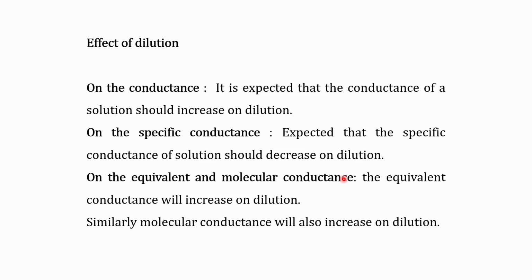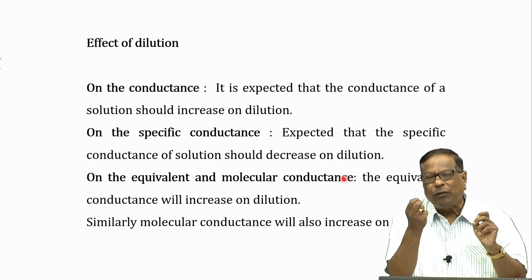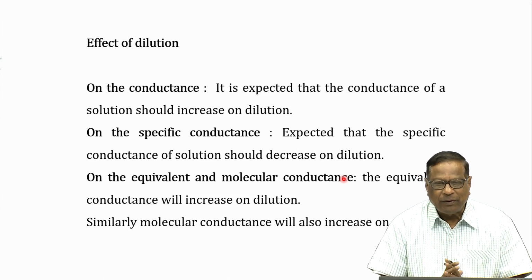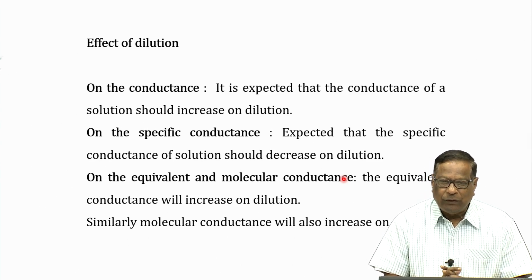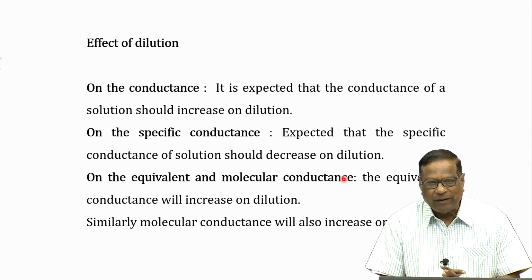It is expected that the conductance of a solution should increase on dilution. This is understandable now. For example, if you take pure water, then what happens? I have only pure water and very few ions. What is the number of ions in water? Pure water contains 10 raised to minus 7 moles of H plus ions, and 10 raised to minus 7 of anions.